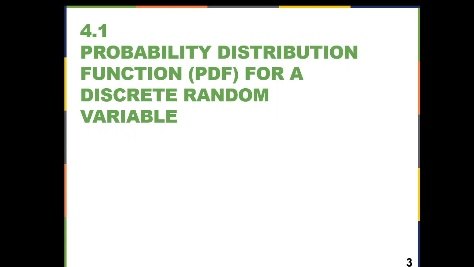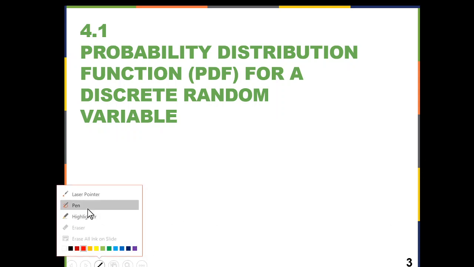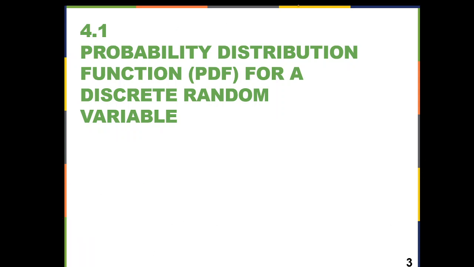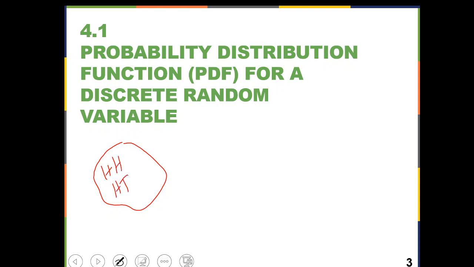What does that mean? Let me give you an example before I go through the chapter. If we flip a coin twice, the sample space would be these, of course, right? That's the sample space. Now, from here, we can define a variable.